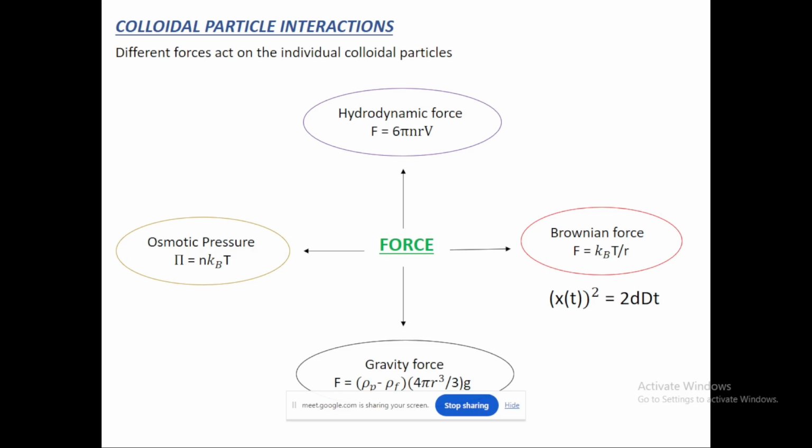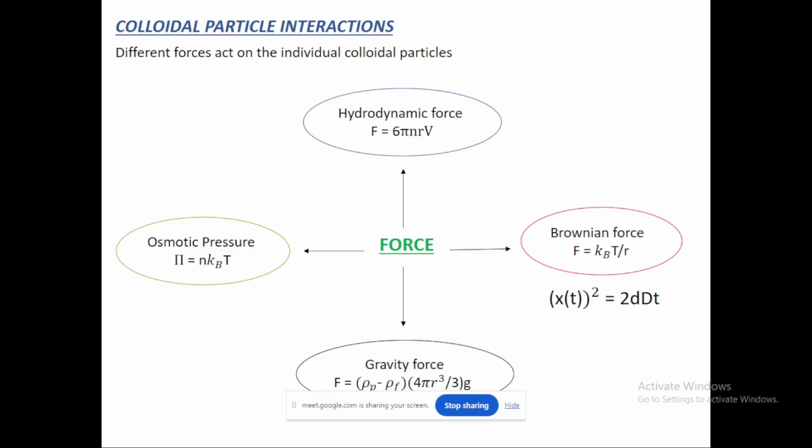It is the force arising due to the thermal collision of the suspending medium molecules with the colloidal particles. That's what Brownian motion is, and the force that originates during this collision between the suspending medium and the colloidal particles is called the Brownian force, and that's how it is represented: F is kBT by r.